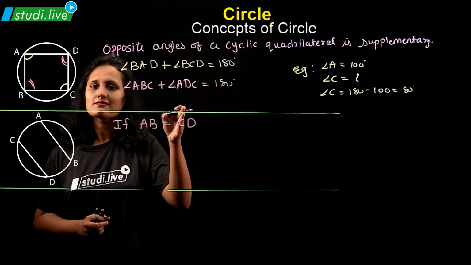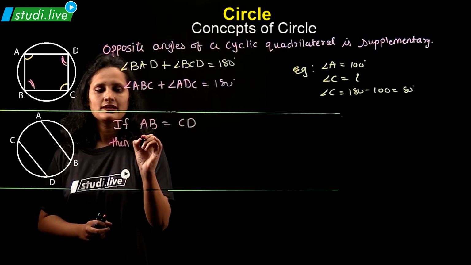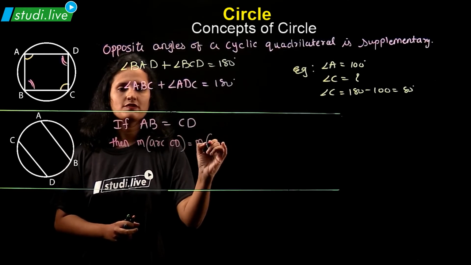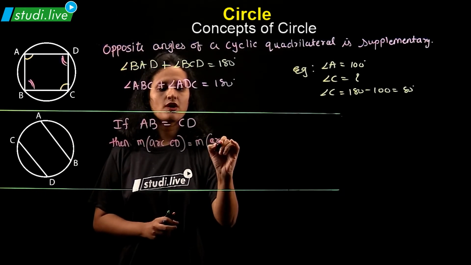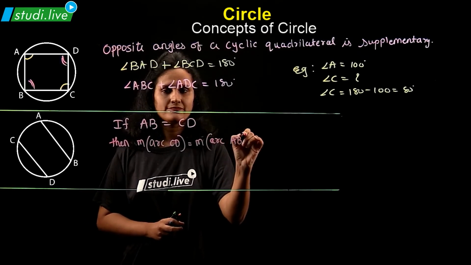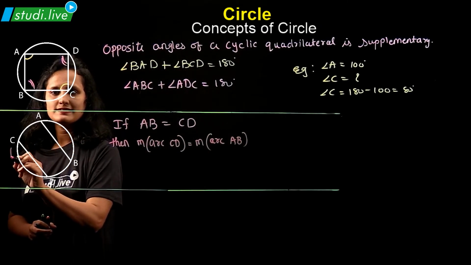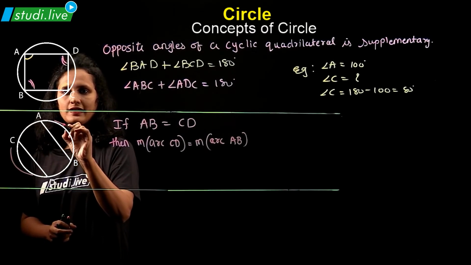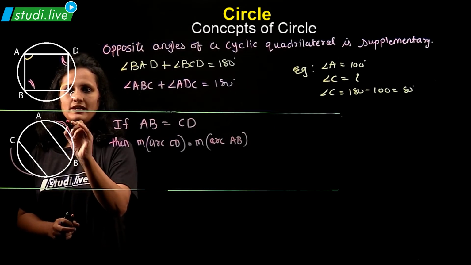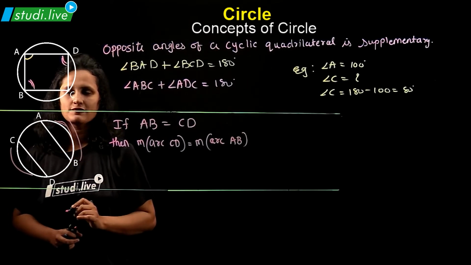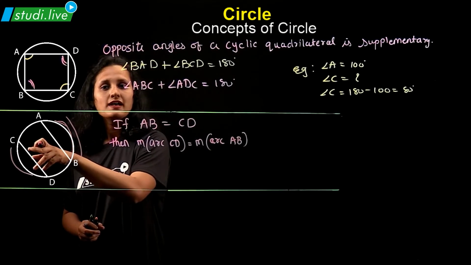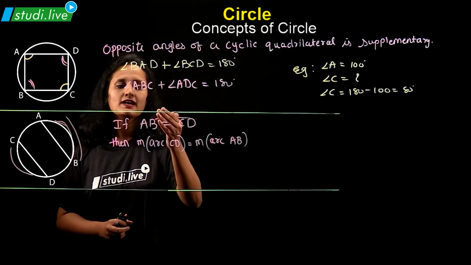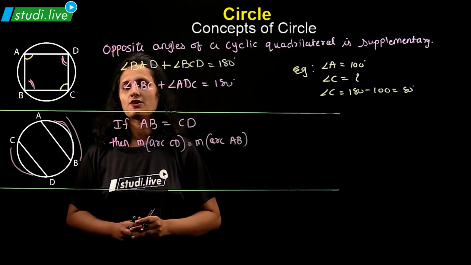So if chord AB equals CD, then the measure of arc CD will be equal to the measure of arc AB. So if two chords are equal, then their corresponding arcs will be equal.